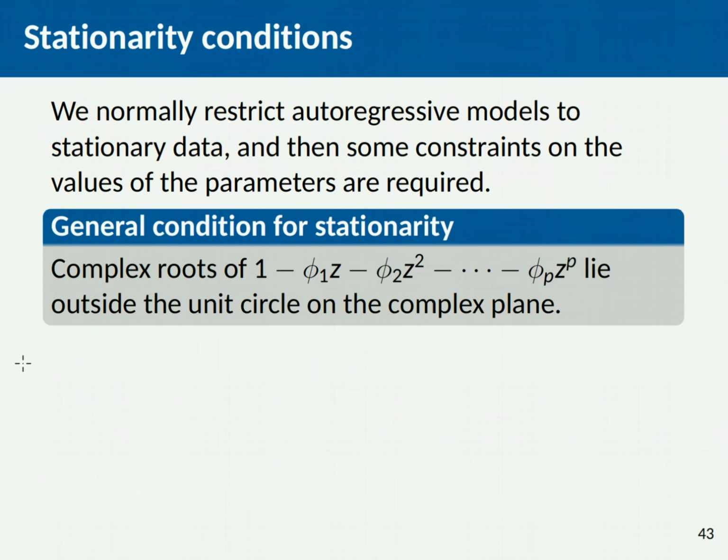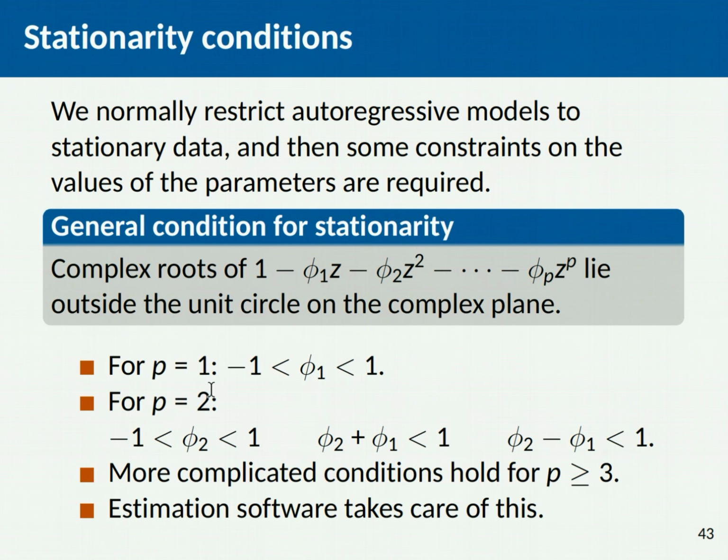Now there are many restrictions already programmed into any software you're dealing with for time series that ensure that the autoregressive models are restricted to stationary data, and that involves just constraining some of the parameters that are estimated. So the general condition for stationarity is that the complex roots of your characteristic equation lie outside the unit circle, and this translates into restrictions for different types of autoregressive models.